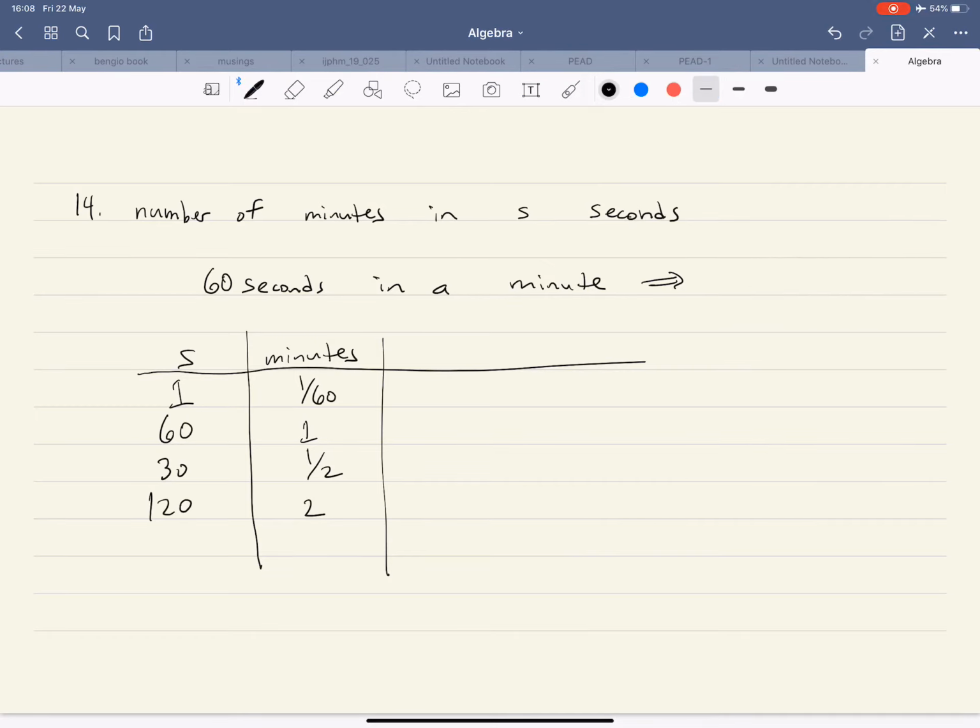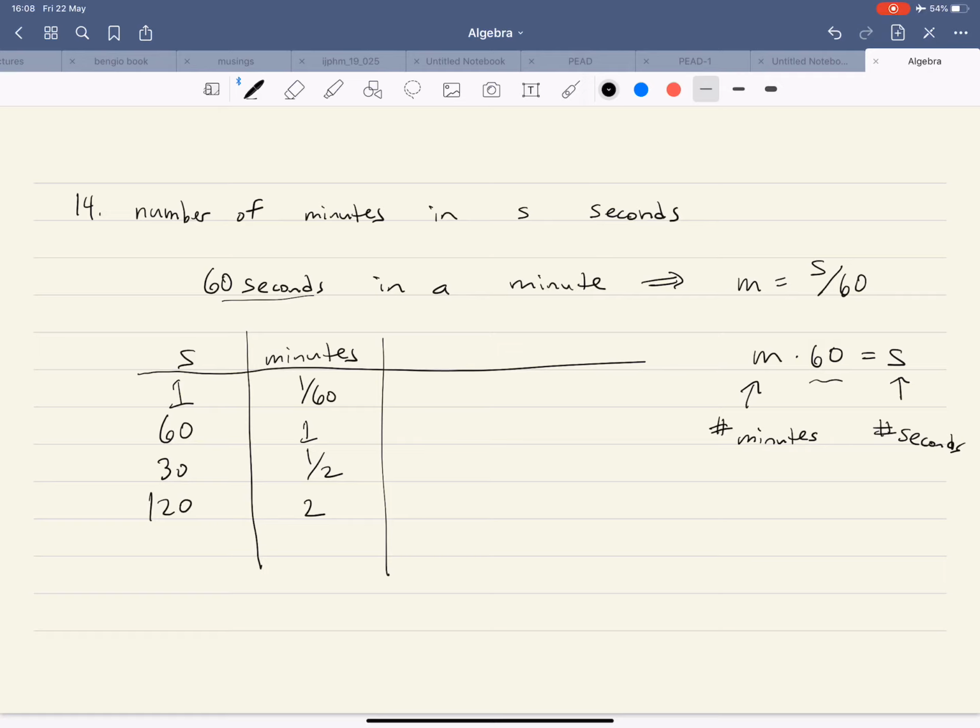I said that wrong. My number of minutes is going to be S divided by 60, right? Or rather, if I have 60 seconds in a minute, for every minute that I have, I've got 60 of those seconds, right? If this is number of minutes, and this is number of seconds.